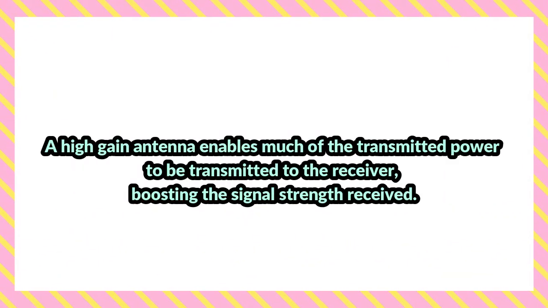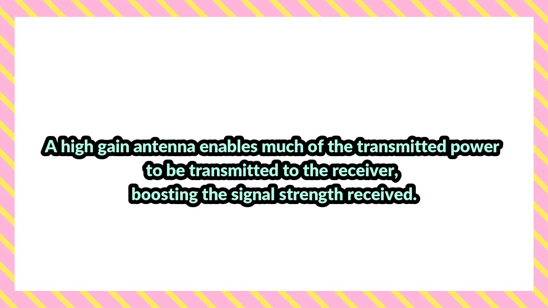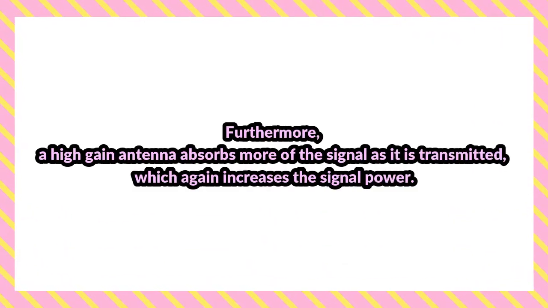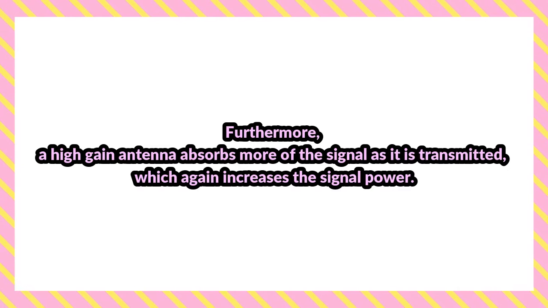A high gain antenna enables much of the transmitted power to be transmitted to the receiver, boosting the signal strength received. Furthermore, a high gain antenna absorbs more of the signal as it is transmitted, which again increases the signal power.